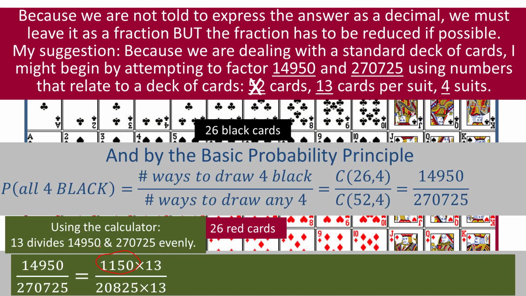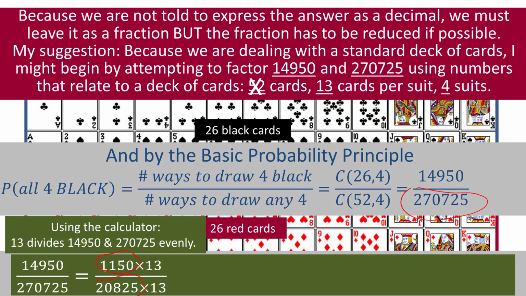So that tells me that 14,950 is equal to 1,150 times 13. And then when I divided 270,725 by 13, I came up with 20,825. So that tells me that 270,725 is actually 20,825 times 13.